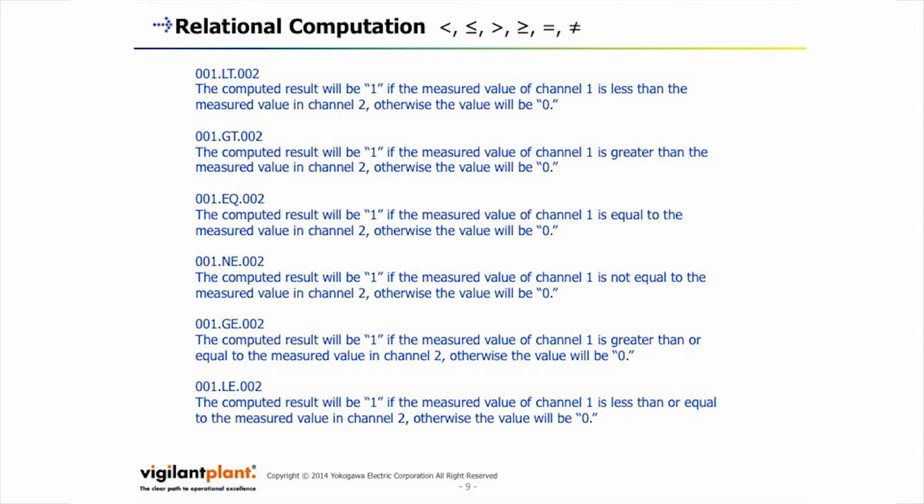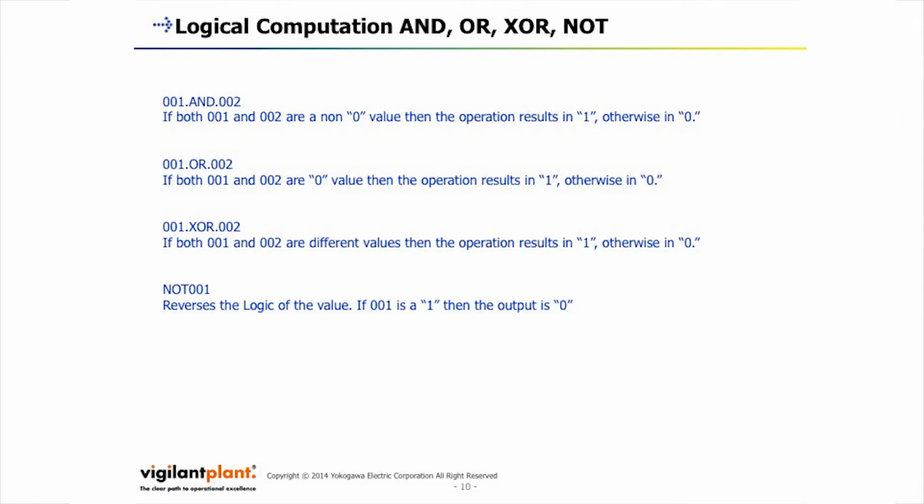As you can see, you can do greater than, equal, not equal, greater than or equal to, or less than or equal to. You can also use the actual symbols too instead of the .ge. Then your ands, ors, exclusive ors or nots.